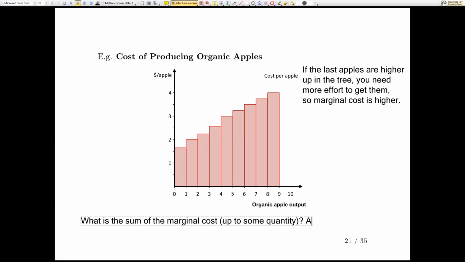So the answer is, it's the total variable cost. And then to get total cost, it's total variable cost plus fixed cost.